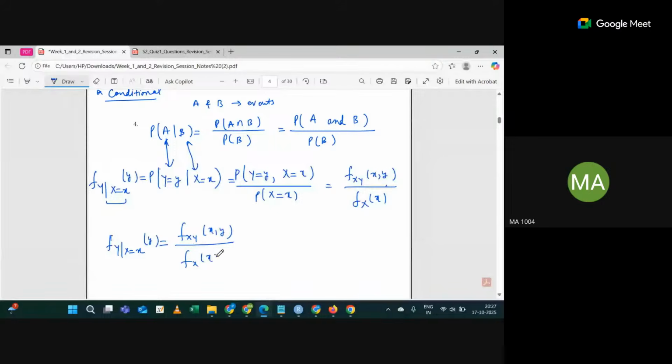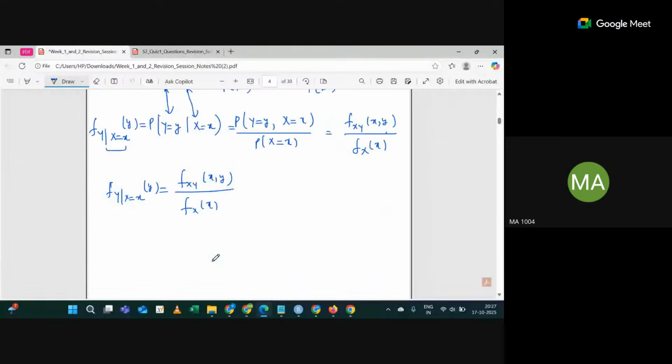Let's change the order. Suppose I say f of X given Y equal to y at x. Then in the numerator there will be the joint probability again, and in the denominator the given part, which is the marginal PMF of random variable Y. So this is the joint PMF divided by the marginal, and this is the conditional.